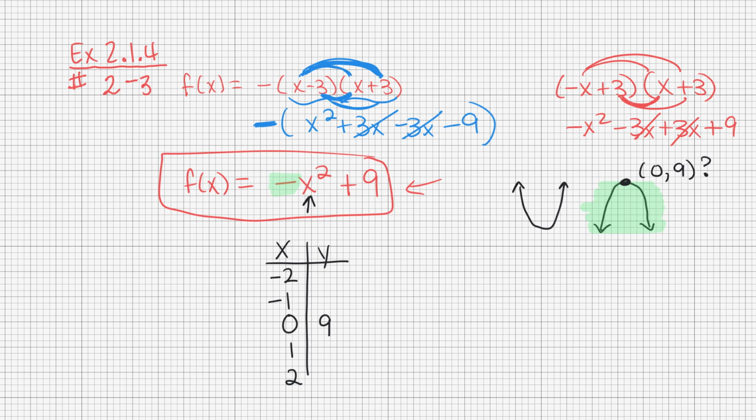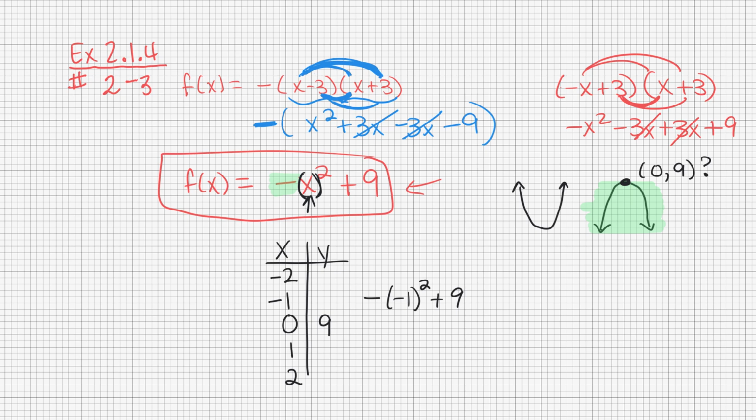Let's start with the negative 1. So we would have negative, then negative 1 squared plus 9. What would that be? I'm plugging in negative 1 right there.